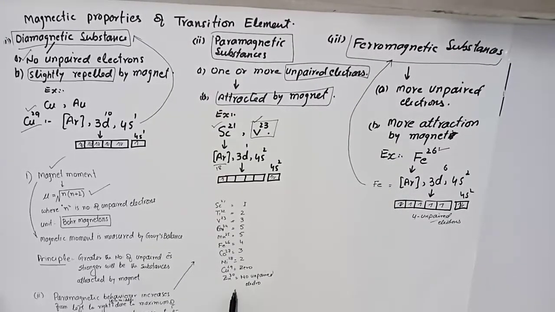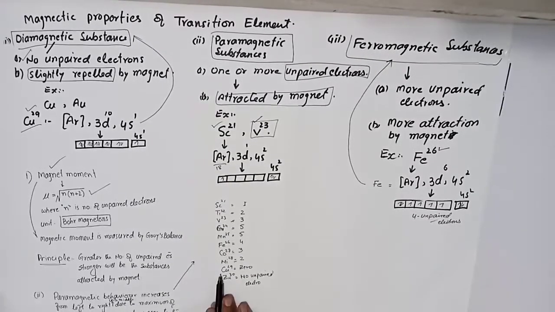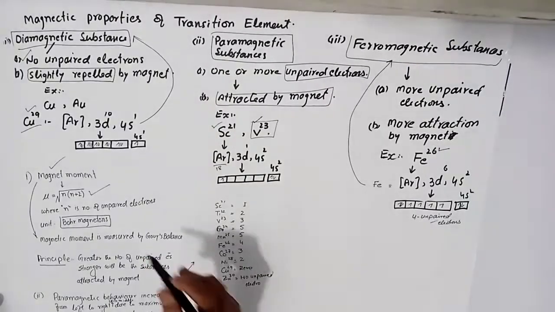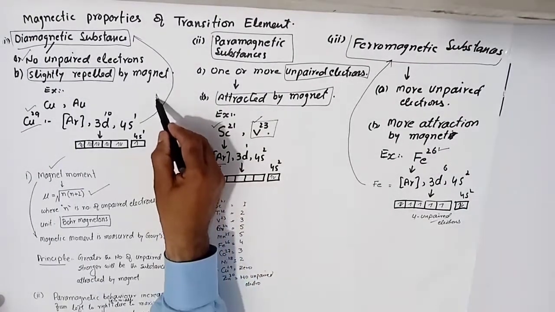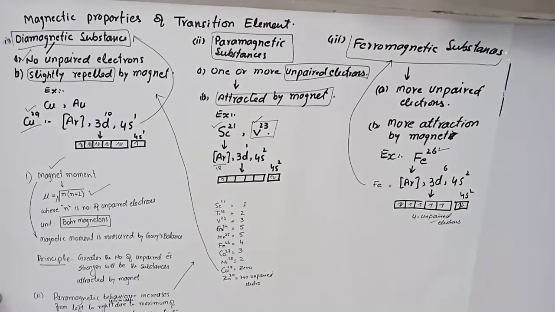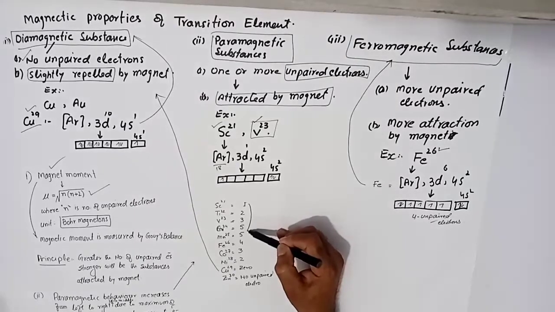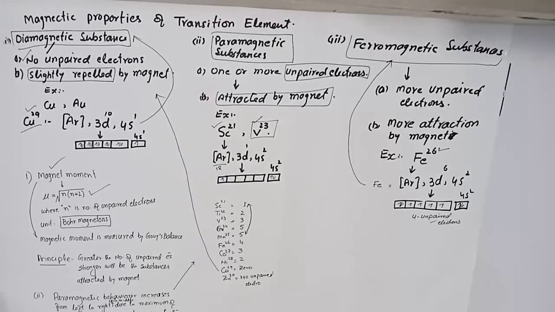So there is no attraction or repulsion in zinc. Here we can see in copper a slight repulsion by a magnet and magnetic field as it has been mentioned here. From 1 to 5, up to manganese, the number of unpaired electrons increases.